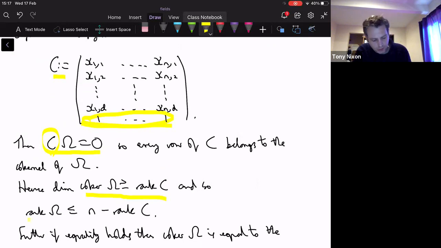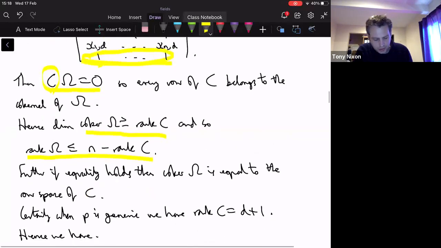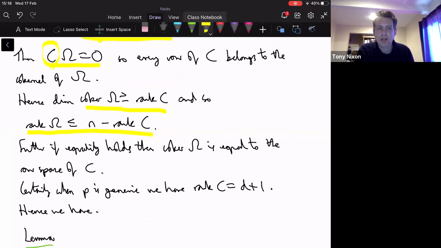And so the rank of omega is at most n, it's n by n for n vertices, minus the rank of this configuration matrix. And so here you had 1, 2 up to d plus 1 rows. And so if you have a generic situation, you would expect these d plus 1 rows to be independent. So n minus rank C is going to turn into n minus d minus 1.